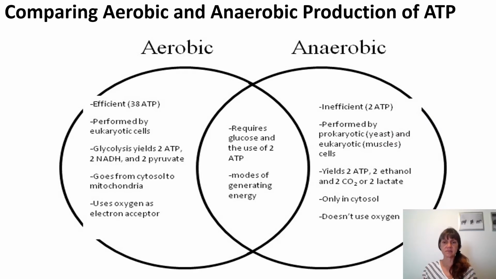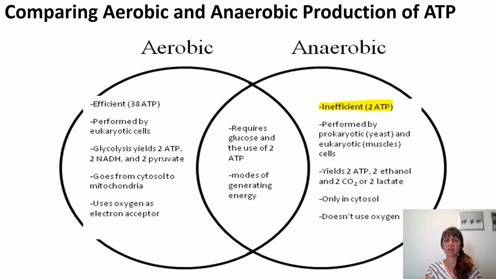Looking at these comparisons of aerobic versus anaerobic, you can see that they can both use glucose and they generate energy. The biggest thing I want you to see is that with anaerobic, it's inefficient.